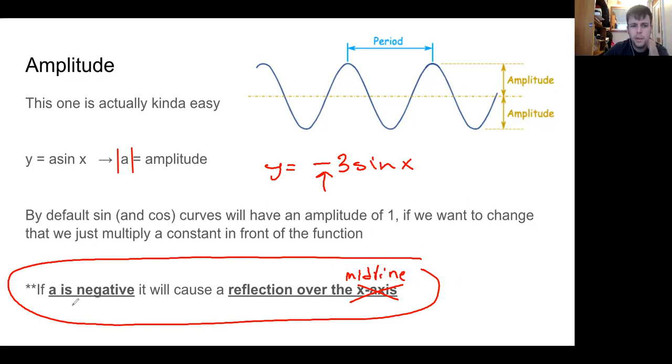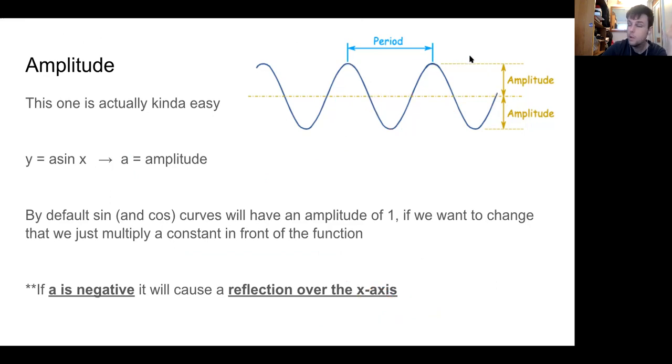That's not so important, but we will do reflections. So all that happens is instead of this being a maximum point, it reflects down, and it's a minimum point now when we have a negative in front. Instead of this one being a minimum, it reflects up to be a maximum. And so we end up getting a curve that's just sort of a mirror image of what we have if there's a reflection. All right, we'll throw in reflections here and there just to keep ourselves on our toes.